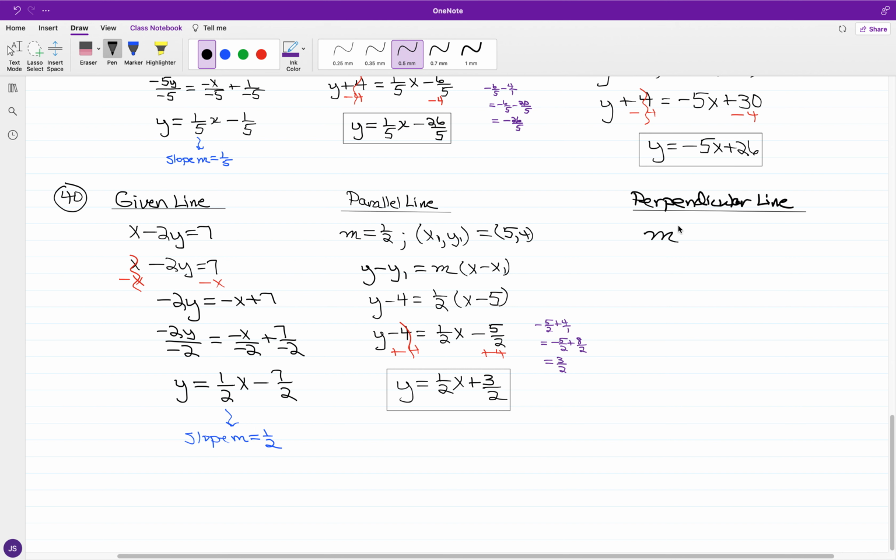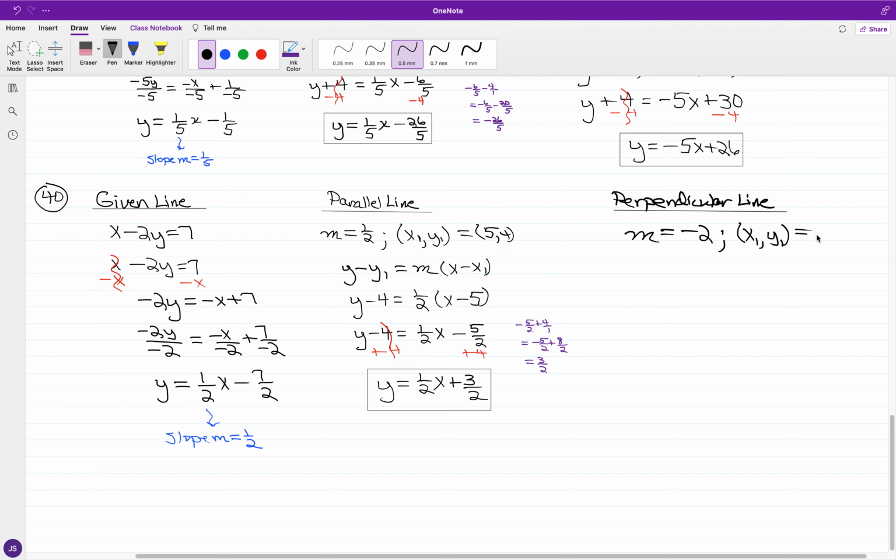And we're still using the same point through which we had the parallel line pass. Okay, so we'll apply this for the perpendicular. And just setting things up through the point slope route, okay, so I have y minus y of 1 is equal to the slope m times the quantity of x minus x of 1.